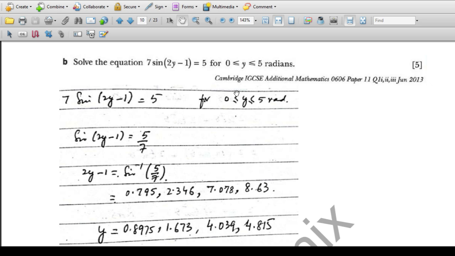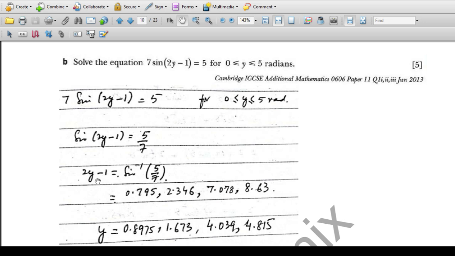But up till now this covers 5 radians for this value, while we have 2y minus 1, so we will subtract something from here. When we subtract it, we will have a different result.